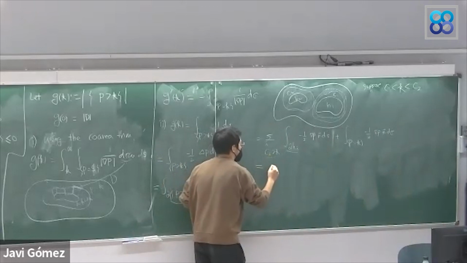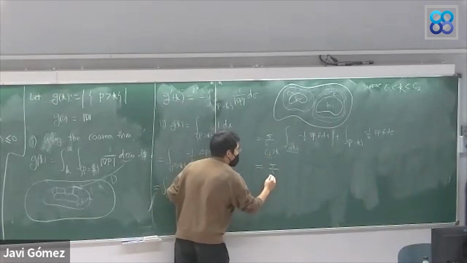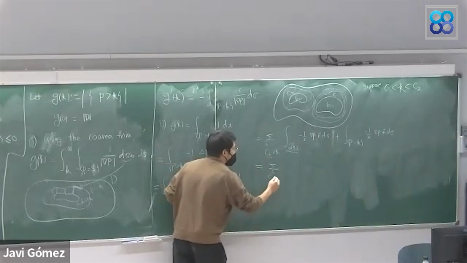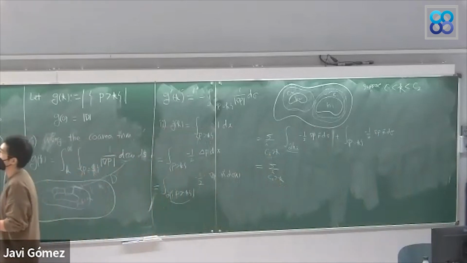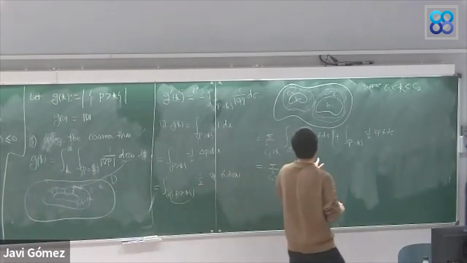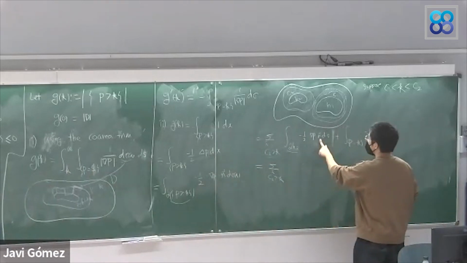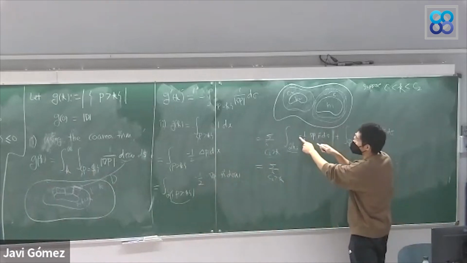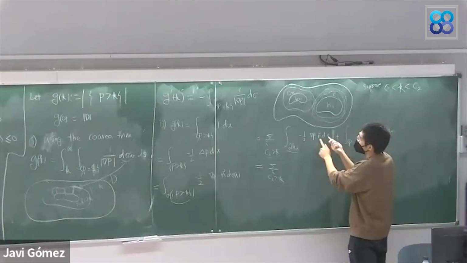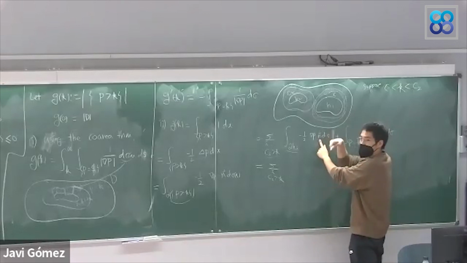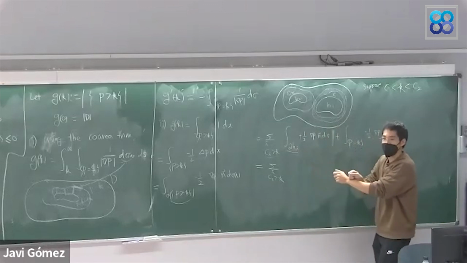And this is a sum over i, but the i's satisfy Ci is greater than K. And now we use this condition that it satisfies. And so here I made a mistake. We have to multiply by negative, right? Because of the direction of the normal vector. Does it make sense?